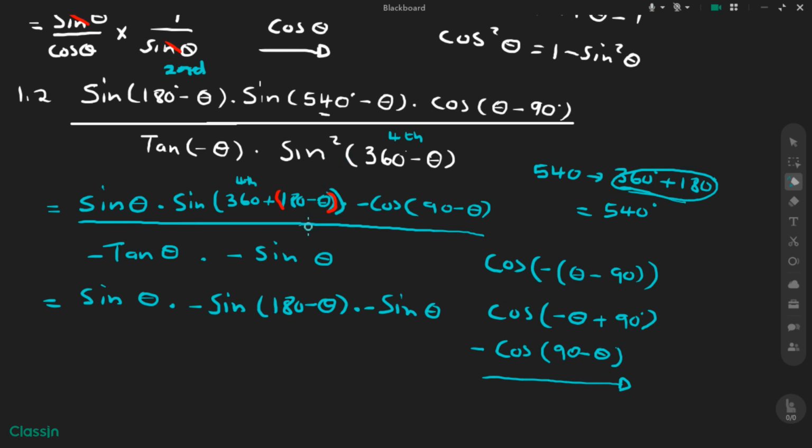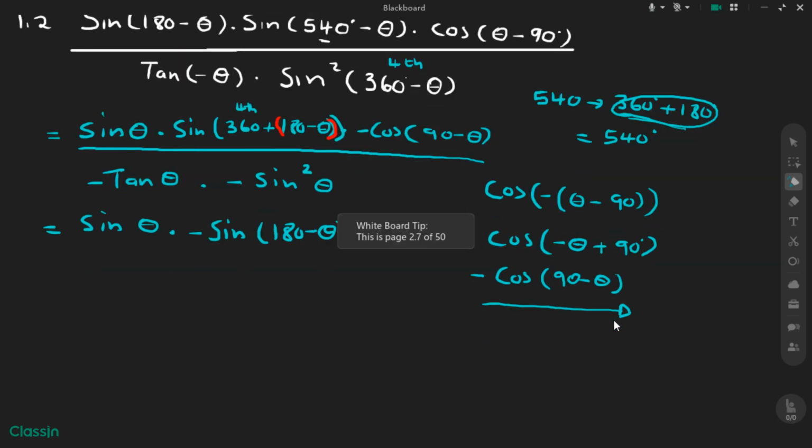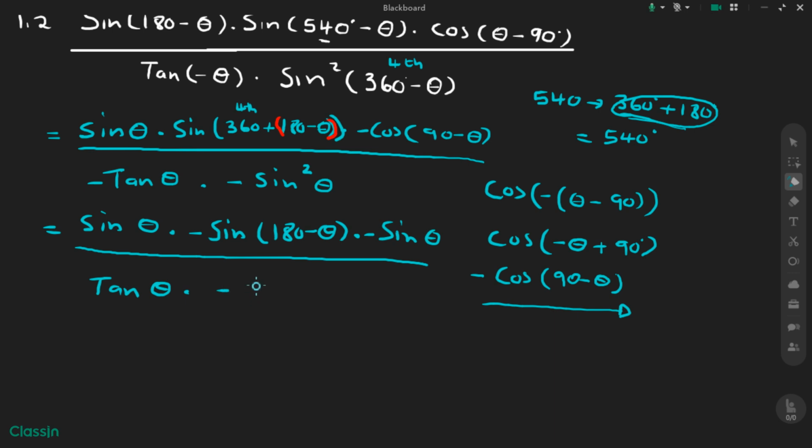But this side is squared, I forgot that squared. Now we proceed. Then we have negative tan theta multiplied by negative sine squared theta. The negatives will get rid of each other. Then we are left with this one, that, and this.